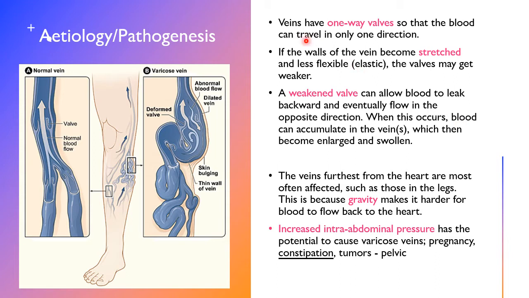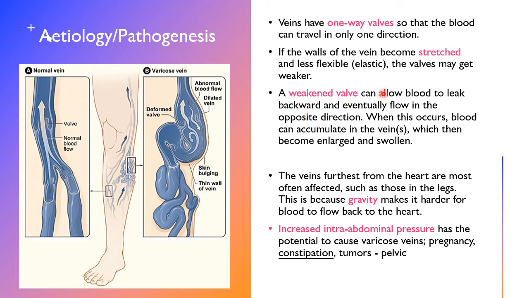Varicose veins, how do they come about? Veins have one-way valves so that the blood can travel in one direction, usually from the periphery, from the foot, down to the heart. If the walls of the veins become stretched and less flexible, elastic, the valves may get weaker and become incompetent.